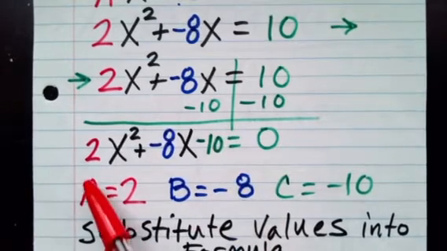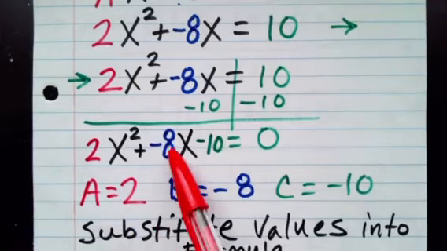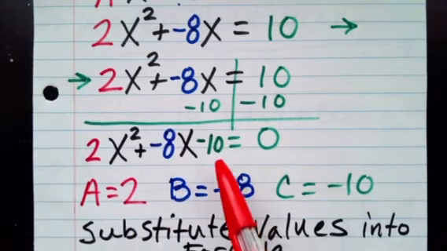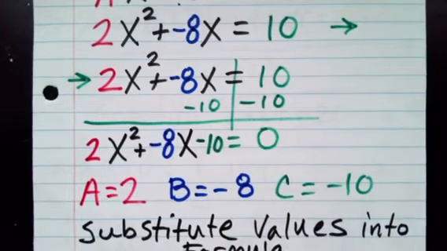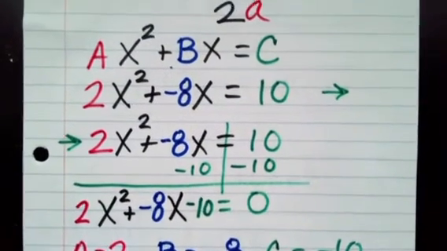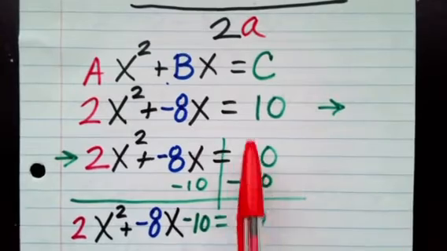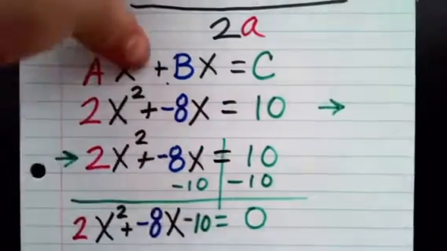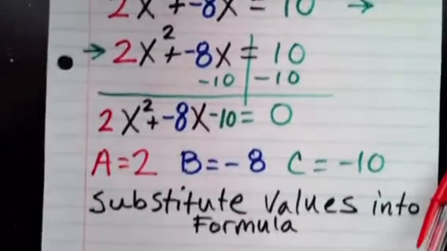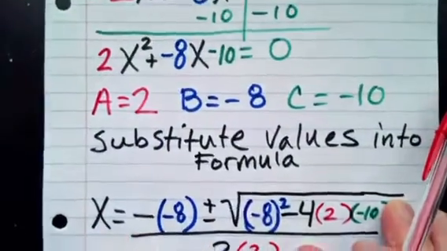So your a value is 2, your b value is negative 8, and now your c value is negative 10. If you would have started off up here, that c value needs to be on the left side of the equal sign. So I wanted to make sure that was crystal clear for you.